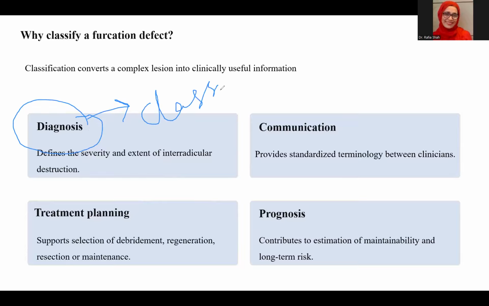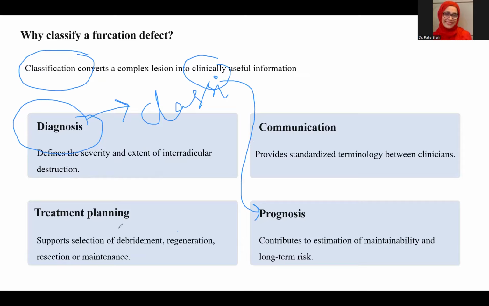We will be talking about classification later, but first we are understanding why these classifications are important. These classifications help us to understand the case, the complexity of a lesion clinically, and to communicate with the patient, and also with the dentist, in easy terms: whether we would be able to save the tooth, what will be the prognosis of the tooth, how long will the treatment take, what will be the cost of the treatment, and what will be our treatment.